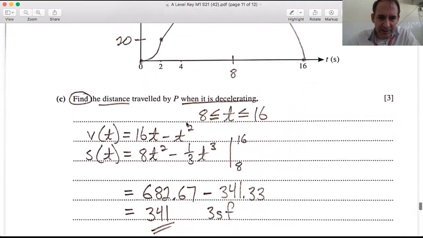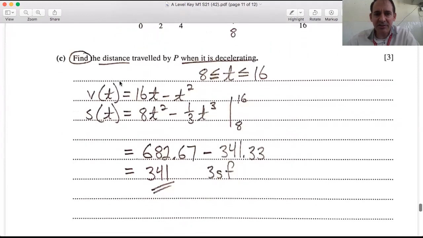And we are using that third section formula, the 16t minus t squared. It wants us to find distance. So we need to integrate again, getting 8t squared minus 1/3 t cubed over the interval of 8 to 16. I didn't show the integral sign with its bounds of integration.